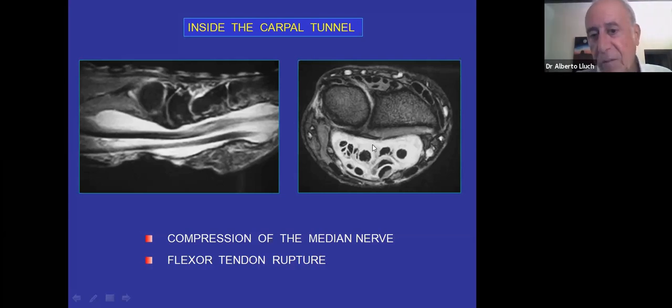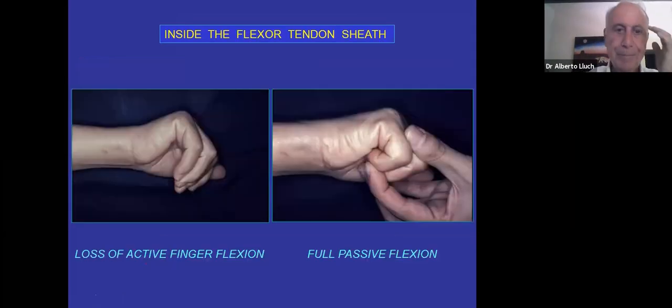If it were from the synovitis, all the tendons would rupture at random, and usually it's the flexor digitorum profundus, the one that ruptures more frequently in cases of rheumatoid arthritis.